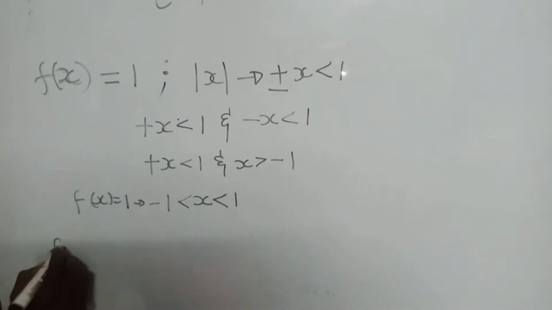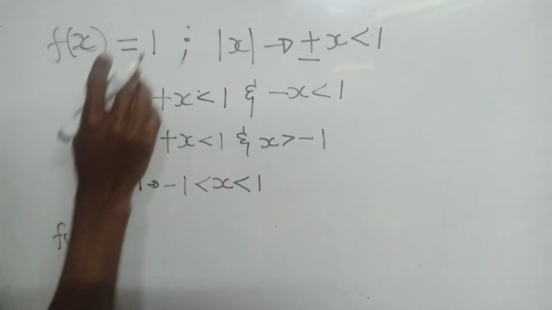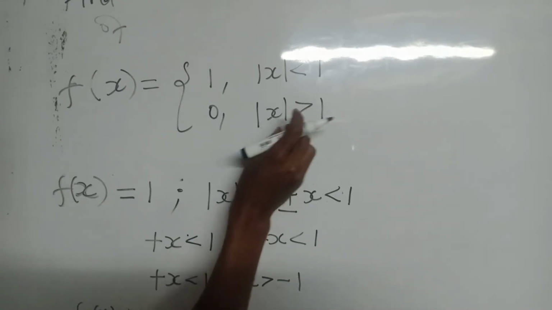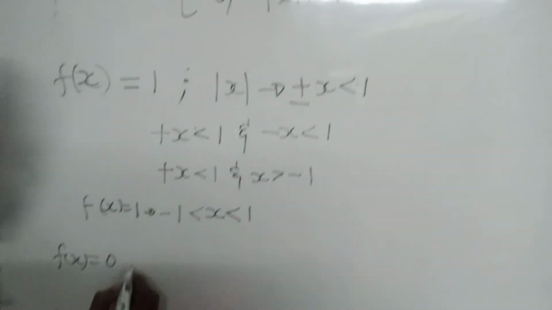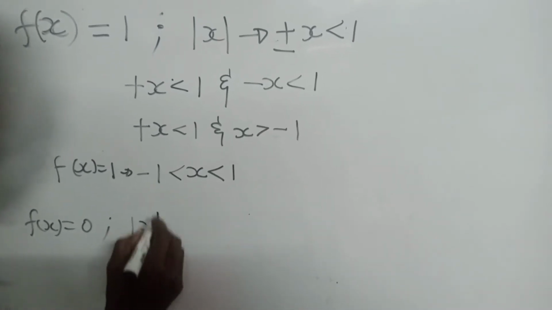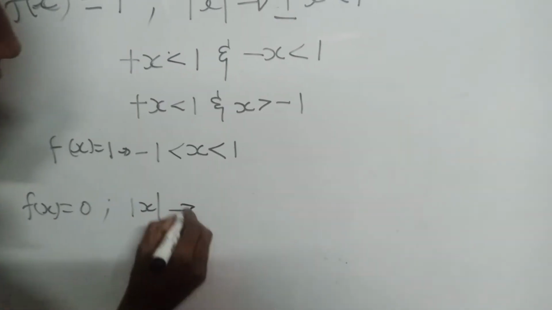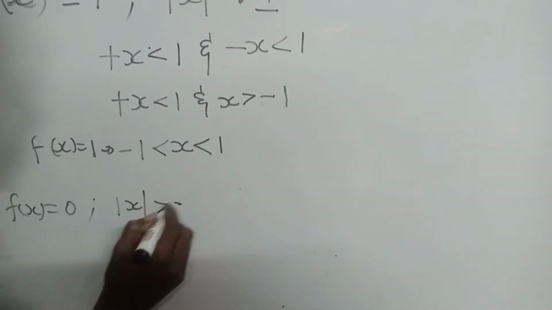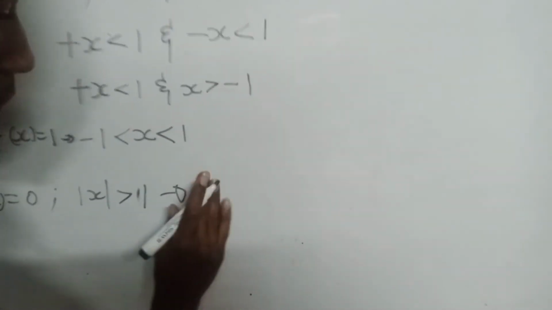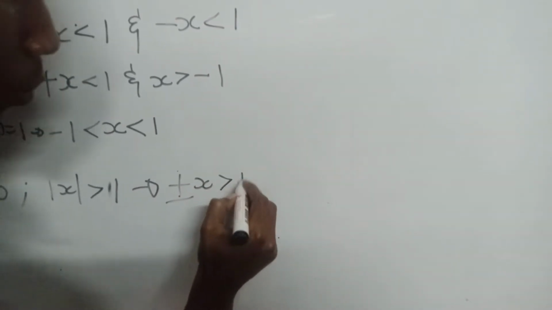Now we come to f of x equals 0. When we say f of x is equal to 0, we need to find these values, represented by the modulus of x is greater than 1. So the modulus of x greater than 1 is plus or minus x greater than 1.